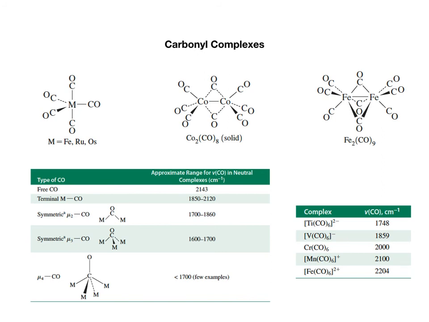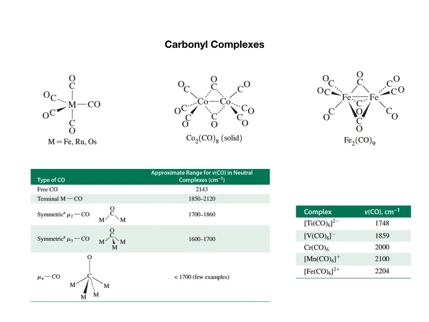On the right hand side, I show a couple of complexes, and you will notice that the higher the electron density on the metal, the lower the frequency of the carbonyl's vibration. Why is that?